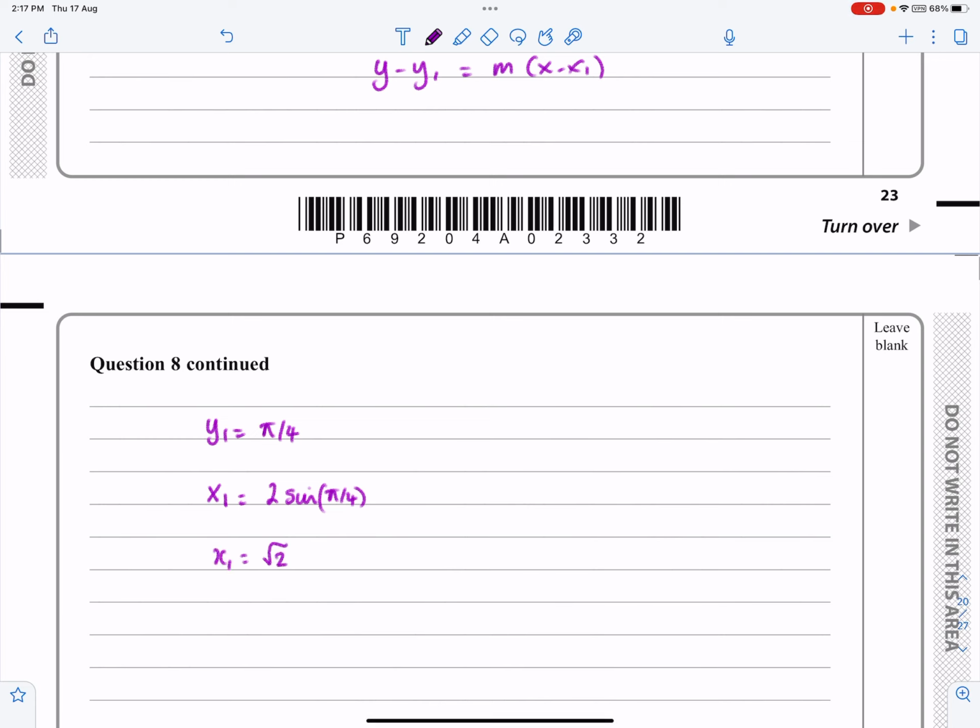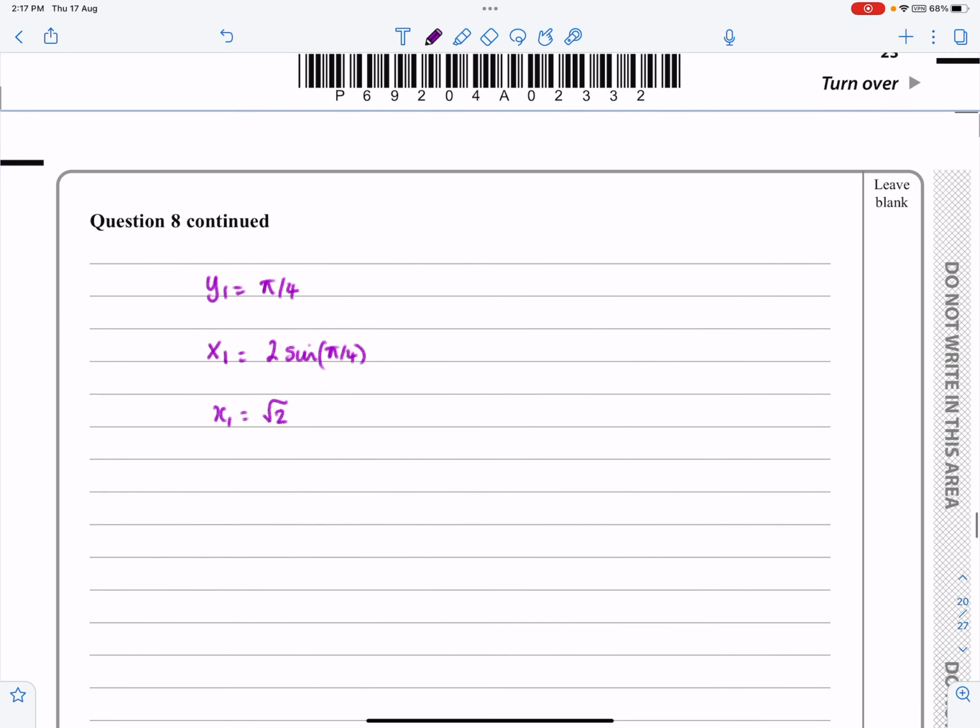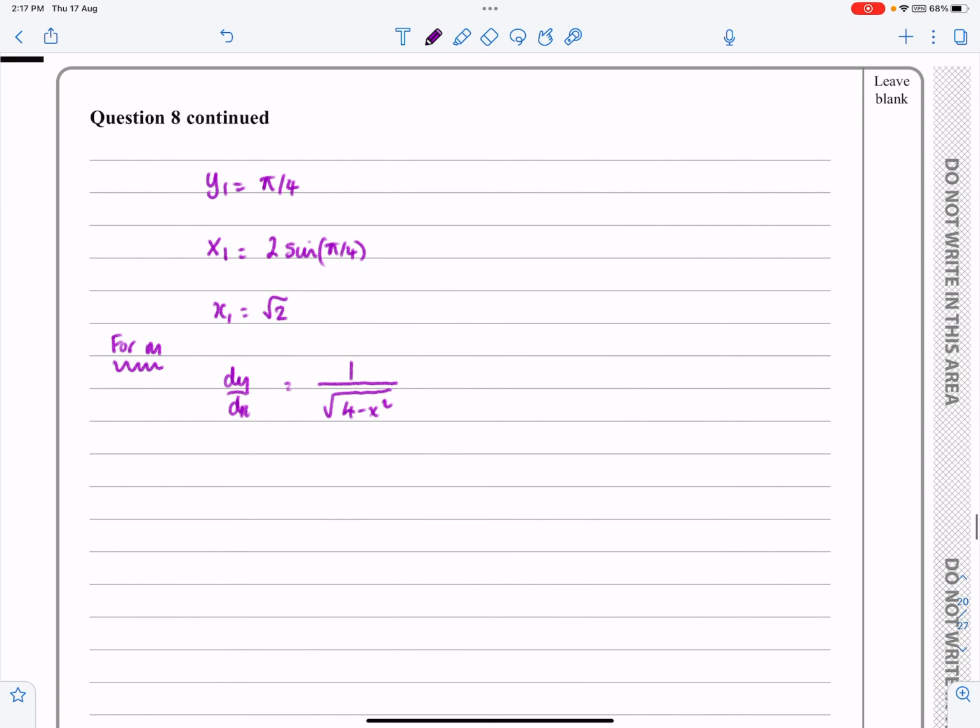And if I now want to work out m, it's going to be dy by dx. So dy by dx we had was 1 over the square root of 4 minus x squared. Let's make it clear what I'm doing. So dy by dx is equal to that, and that's going to again be at the point where x1 equals root 2.